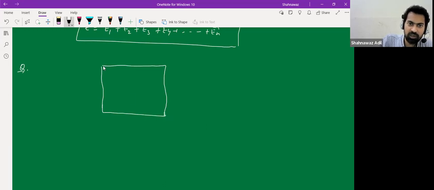Let's say this is plus E, this is plus 2E, this is minus E, and this is minus 2E. We have to find the electric field at the center.